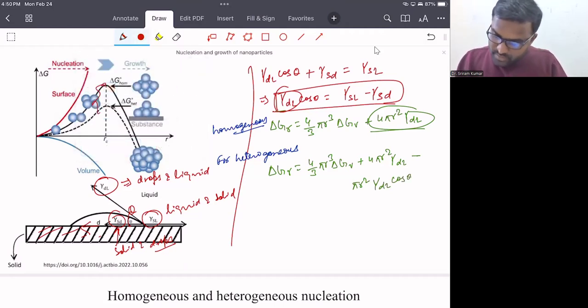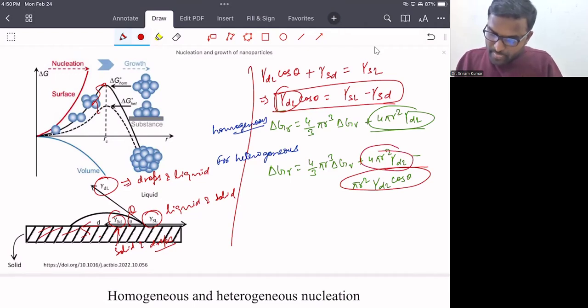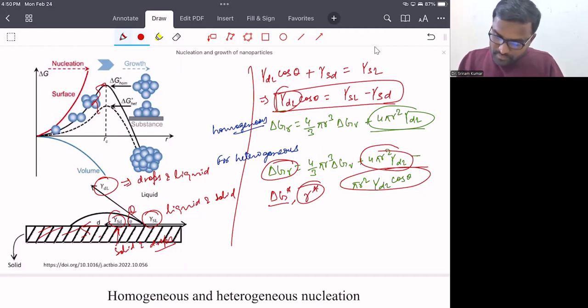So what happens is this value is less than the initial surface energy, and because of that we will have a different delta G value. For different r we have different delta G values, and we will have a different critical size, and based on that critical size we will get different delta G values and different energy.